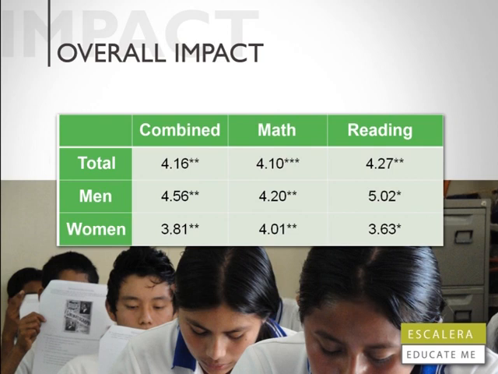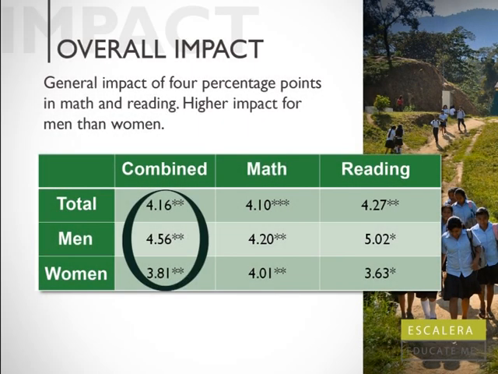When there are 3 stars behind a particular estimate, it means we're 99% sure that what we measured is significantly different from 0. If there are 2 stars, it's at the 95% level, and if there's 1 star, it's at the 90% level. It also means if there are no stars, this means we cannot be certain that there is any treatment impact.